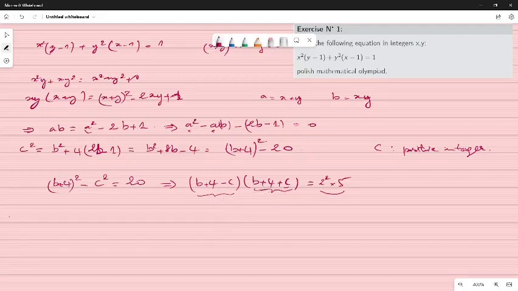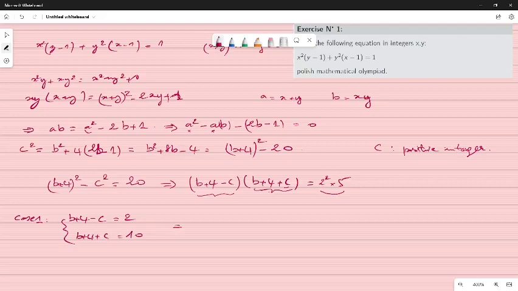Case 1, the two quantities are both positive. There is b plus 4 minus c equals 2 and b plus 4 plus c equals 10, because they must be both even, and this one is smaller than this one, and the only situation is this one.